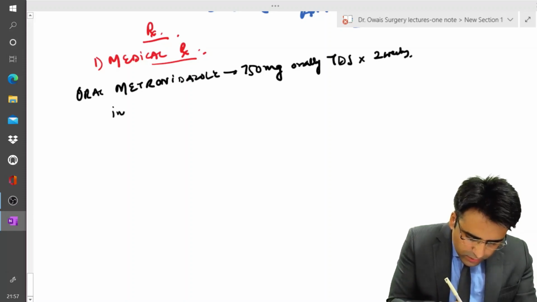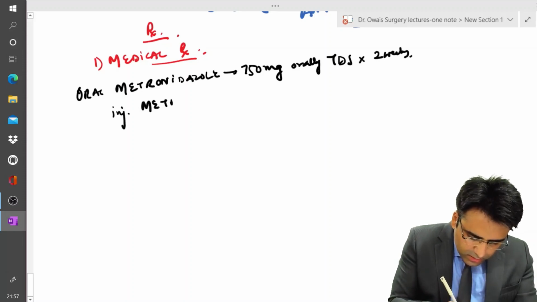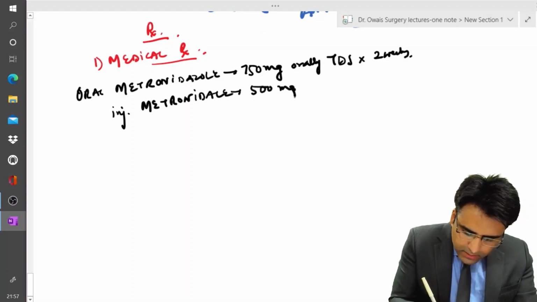And if you have to give injectable metronidazole, it is given in the dosage of 500 milligrams intravenously 3 times a day over a period of 2 weeks.